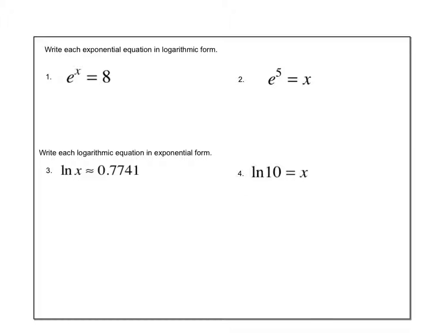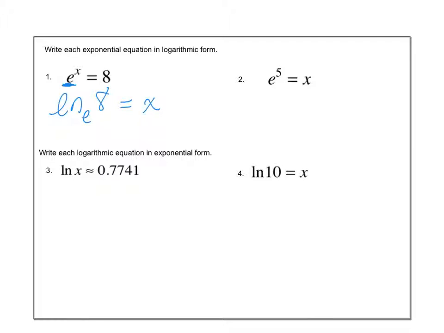So the first part here says write each exponential equation in log form. So we can say that e, this irrational number e, is my base of ln. ln stands for the natural logarithm, with base e of 8 equals x.